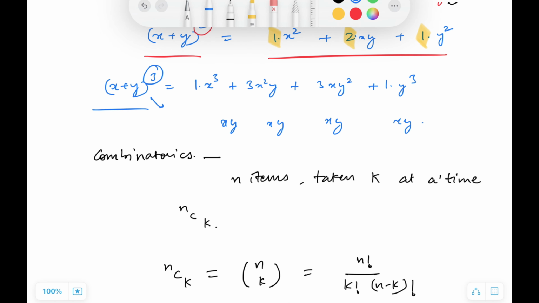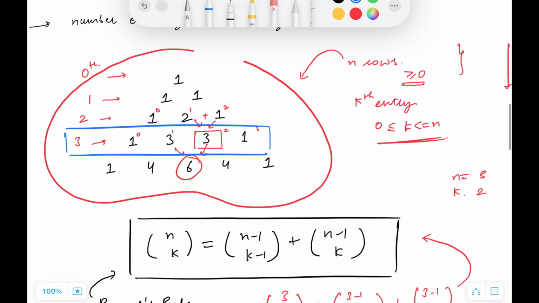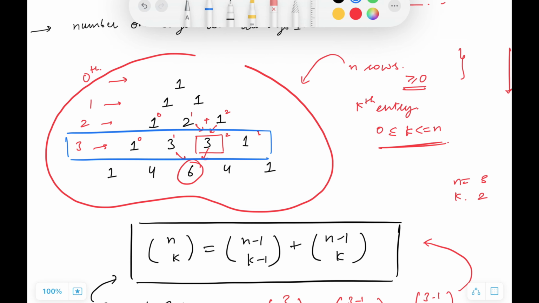So x raised to power 3, y raised to power 0. X raised to power 2, y raised to power 1. X raised to power 1, y raised to power 2. X raised to power 0, y raised to power 3. Okay, this is clear. And write the coefficients 1, 3, 3, 1.